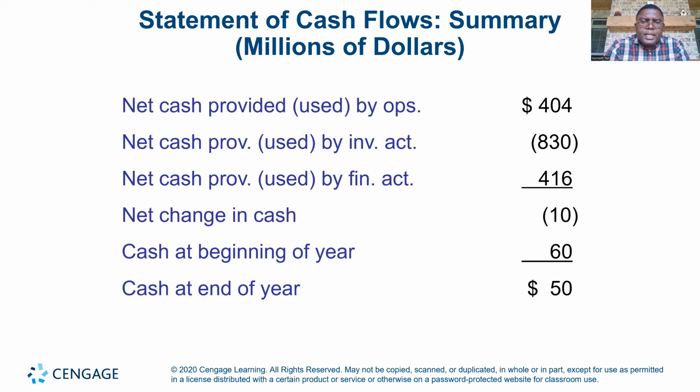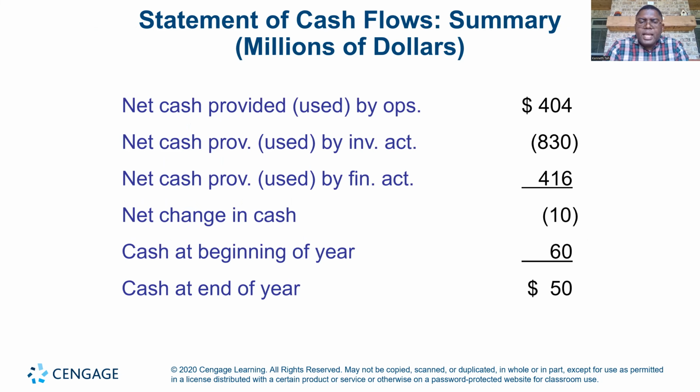We have the net cash provided or used by operating activity. Then we consider the net cash provided or used by investing activity, and then the net cash provided or used by financing activity. So all the totals from the three subsections that we just looked at.